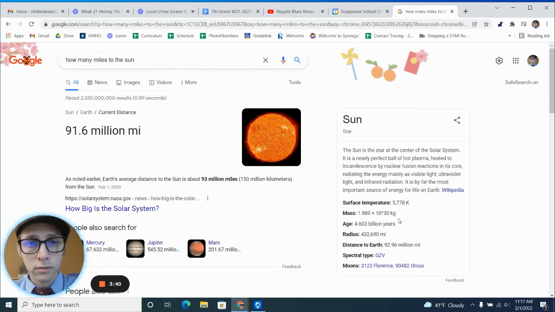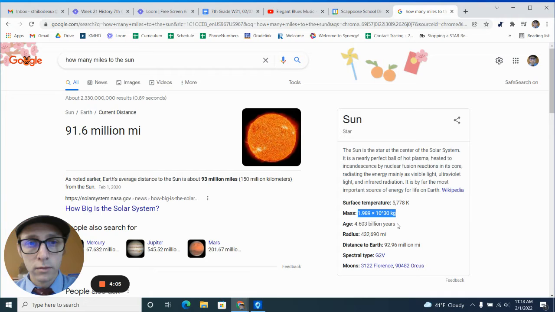When we're talking about mass, scientific notation. Great job. Here, when we're talking about kilograms, the 1.989 times 10 to the 30th. We use million, billion, trillion. Trillion's about the easiest number that we use that's easy to do.